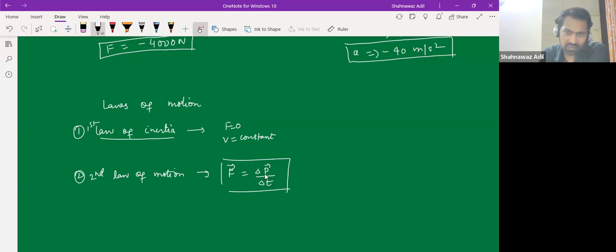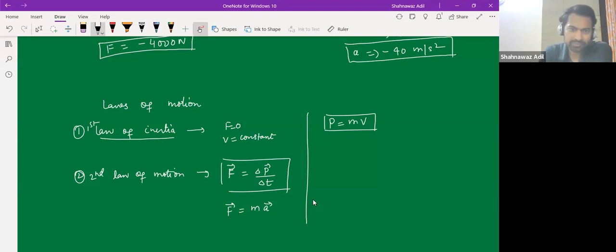So wherever the momentum is changing, that is the direction of the force. Then we saw that this force is mass into acceleration, and that momentum is the product of mass into velocity, right? So up to this point, we understood.